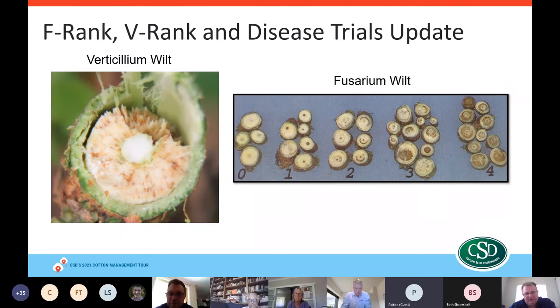And obviously the scoring system for fusarium goes from noughts and ones, being less infected, and then rated against 2s, 3s and 4s when we do the F rank, while verticillium wilt with V rank is just presence and absence.